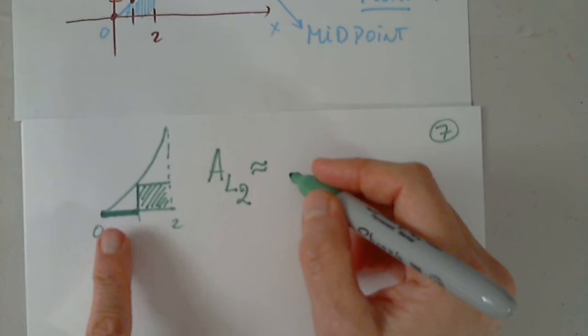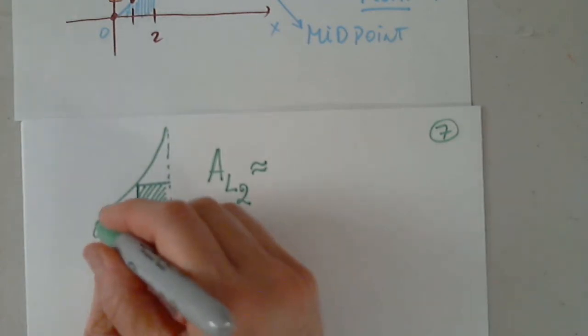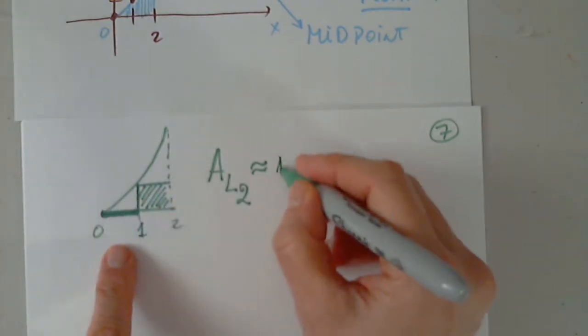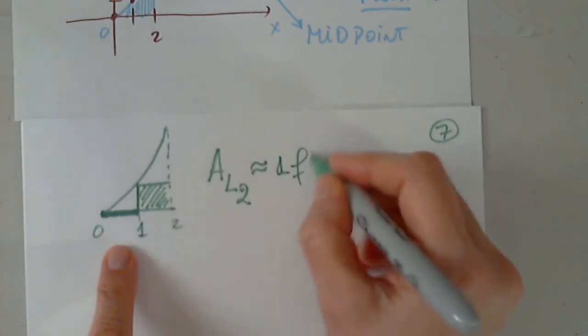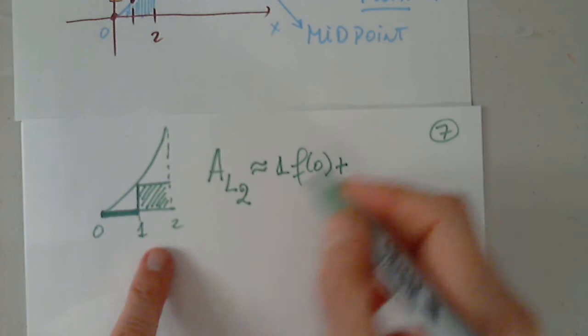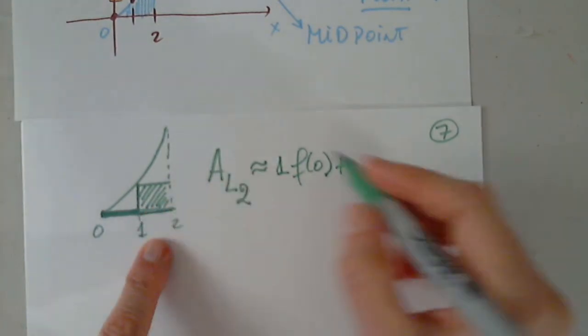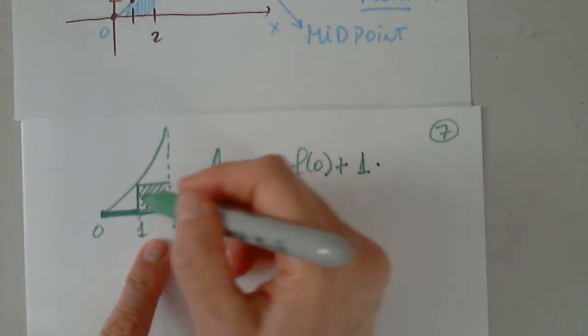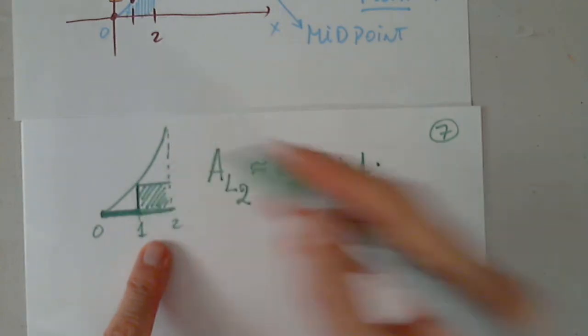So how do I determine the area of this? It's the base, which is 1, times the height, which is f of 0, because I'm using the leftmost point, plus base, which is still 1, times height, which will be f of 1.